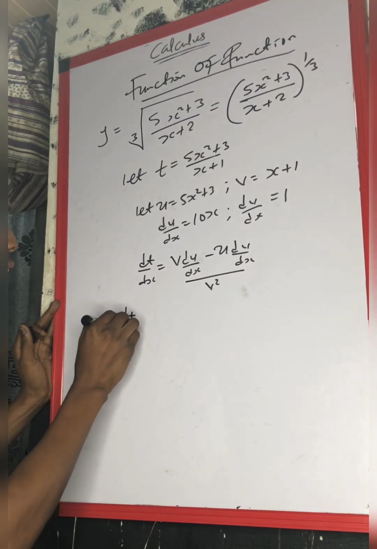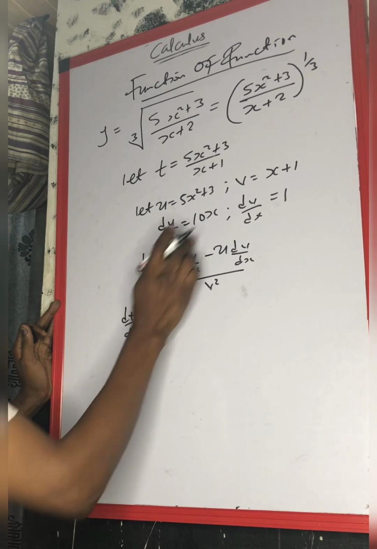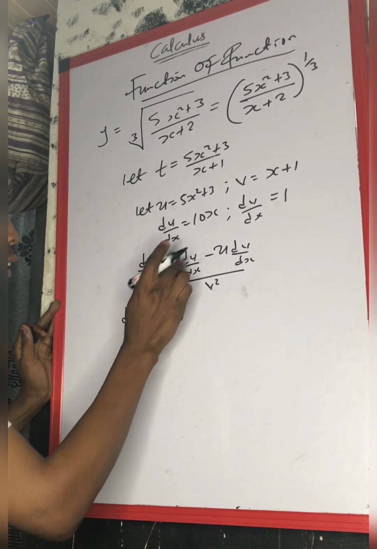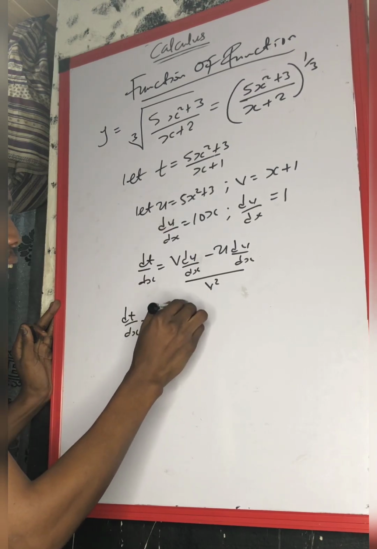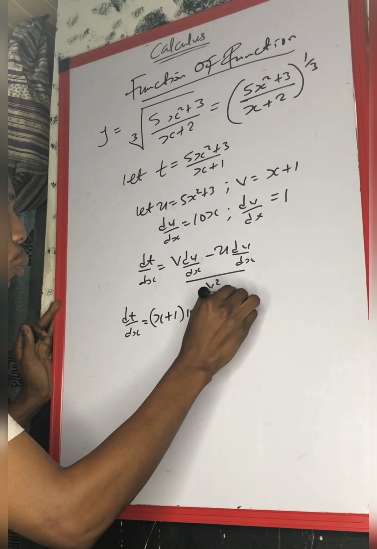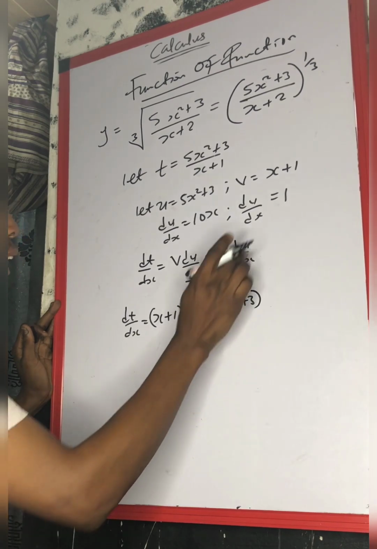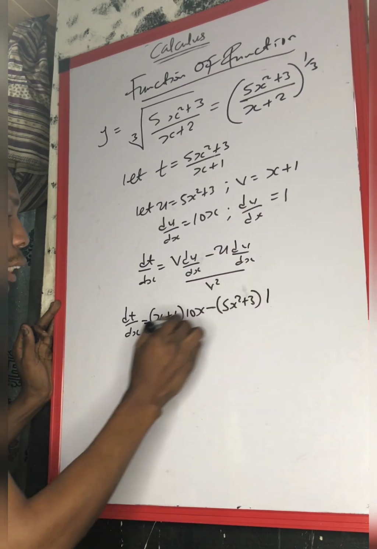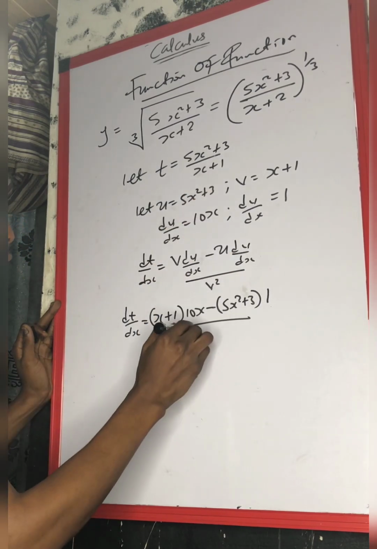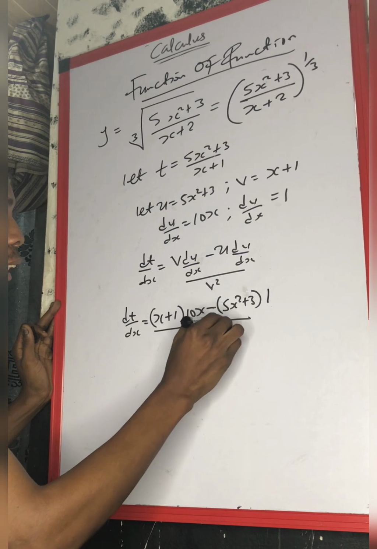So our dt/ds becomes: our v is s plus 2, du/ds is 10s, minus u is 5s squared plus 3, the dv/ds is 1, all over v squared. Our v is s plus 2, then squared.